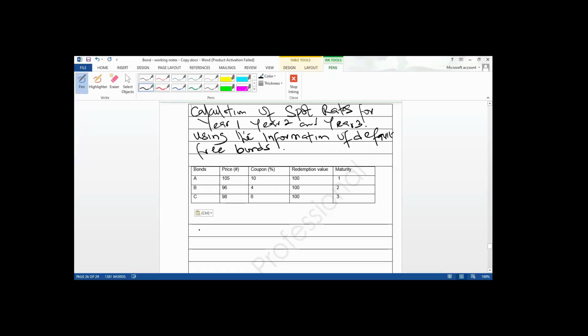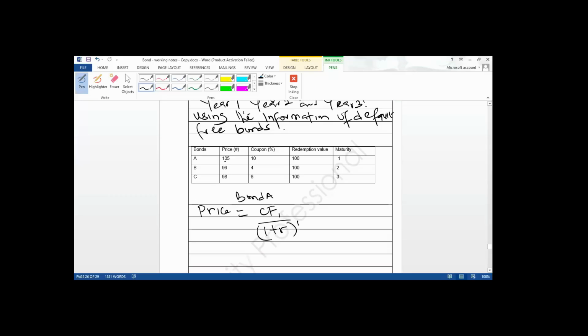Remember the price of a bond is equal to its cash flow in year 1 over 1 plus R in year 1, raised to power 1, because this bond is for 1 year maturity. We know the price to be 105.